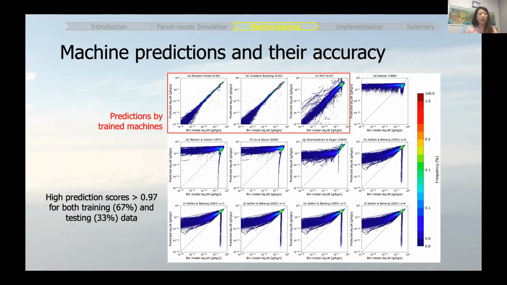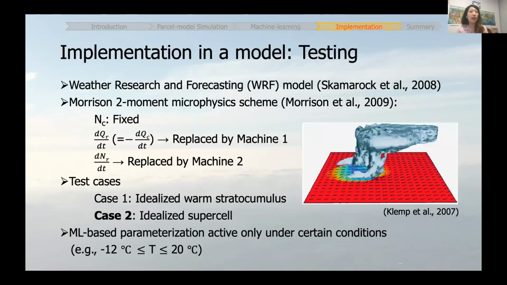of MLP. So if you go to the next slide, I am talking about the implementation in a model. I have to say that we're still at the testing stage. So today I'm going to just show you idealized simulations where this trained machine was actually used in those weather forecasting models.